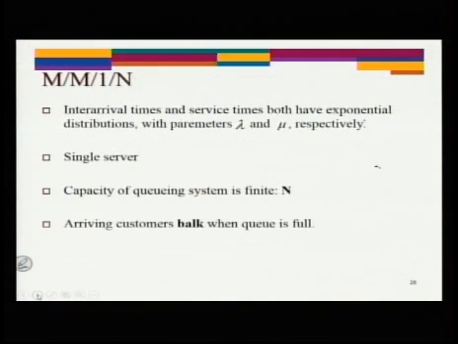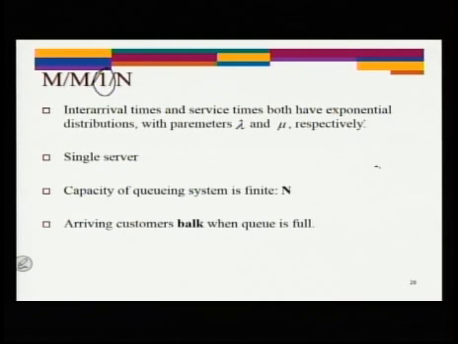Okay, now let's talk about M/M/1/N. So this is a finite queue variation of the M/M/1 queuing model. Again, the interarrival times and service times both have exponential distribution with parameters lambda and mu, respectively. And we have only one server, a single server.